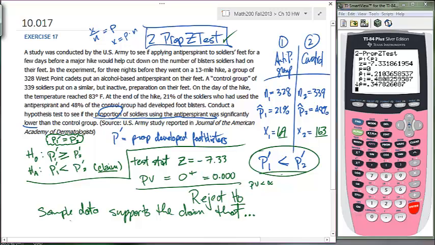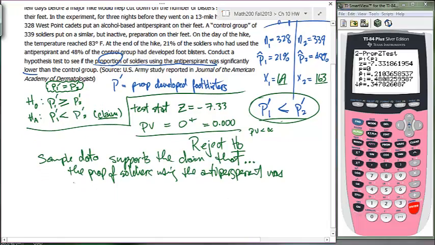The claim that the proportion of soldiers using the antiperspirant was significantly lower than the control group.